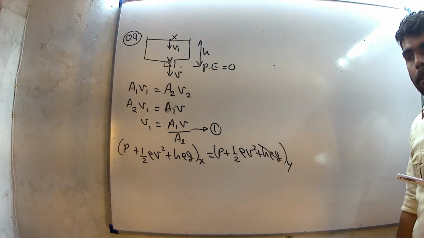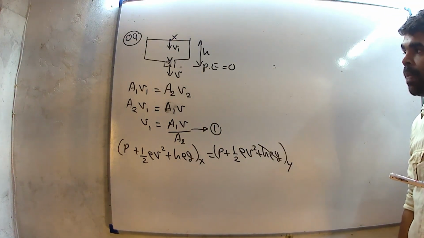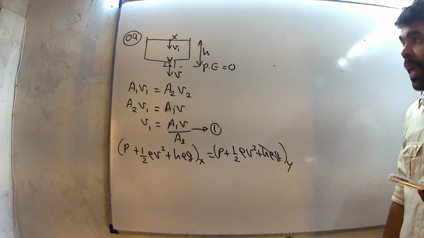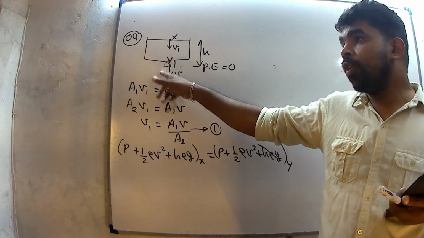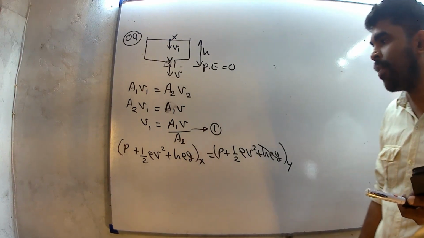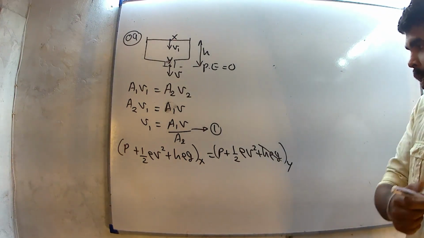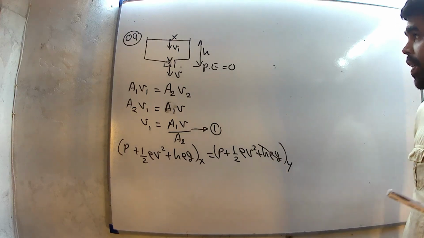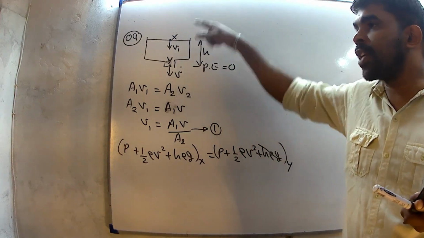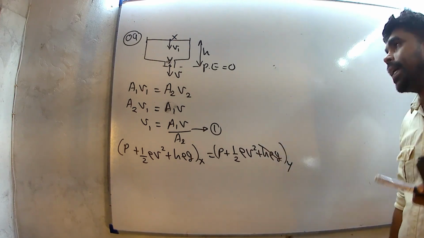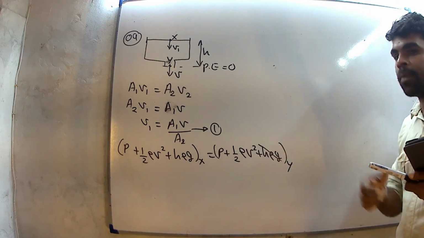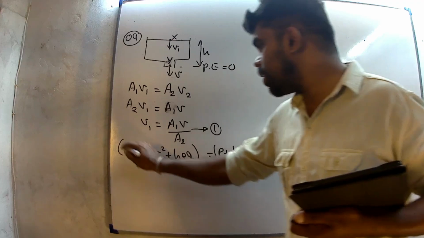Therefore, pressure at point x should be atmospheric pressure. And point y is also open to the atmosphere. Therefore, pressure at point y should be atmospheric pressure. There is a constant pressure for both sides, atmospheric pressure. Then we can cancel out the pressure term.